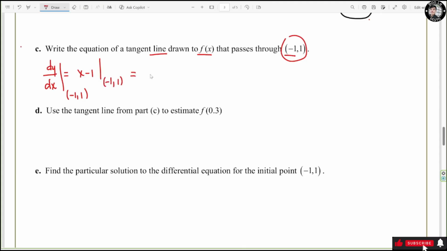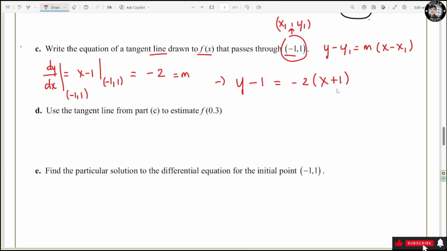So substitute -1 over here, the slope is -2, right? And we're gonna use the point slope formula, y minus y1 equals m times s minus s1, right? So the ordered pair right here is actually s1, y1, right? And the slope right here is gonna be -2, right? So the equation should be y minus 1 equals -2 times s plus 1, right? Now you're going to simplify this one. So it's going to be y equals -2 s minus 1, right?